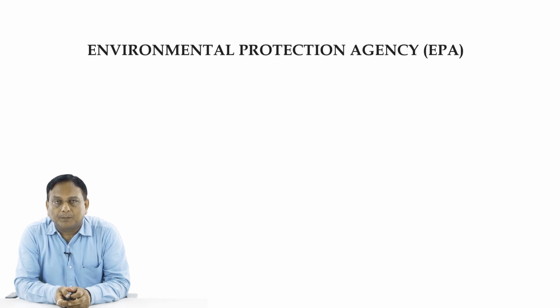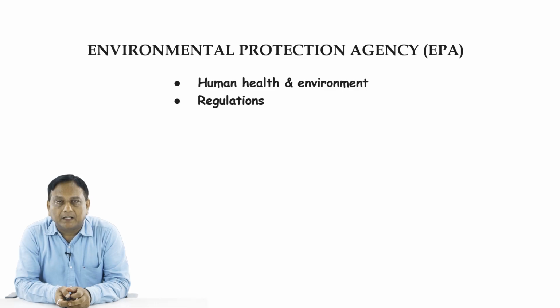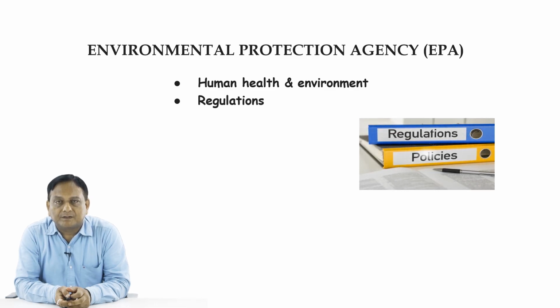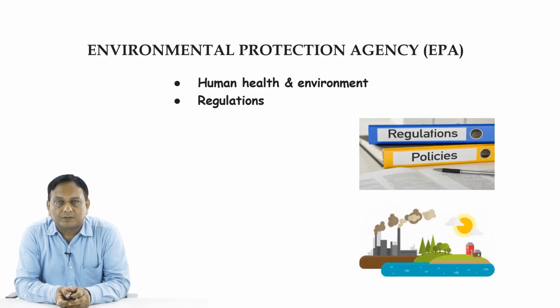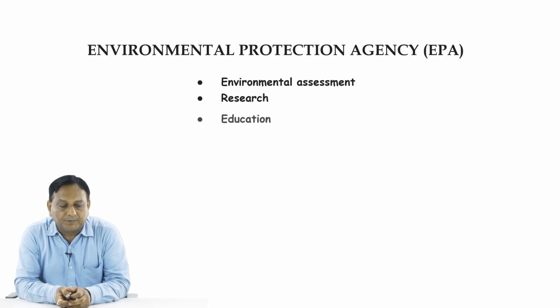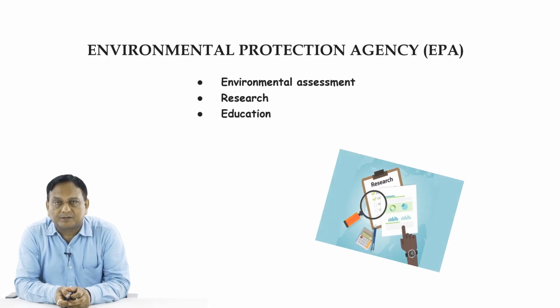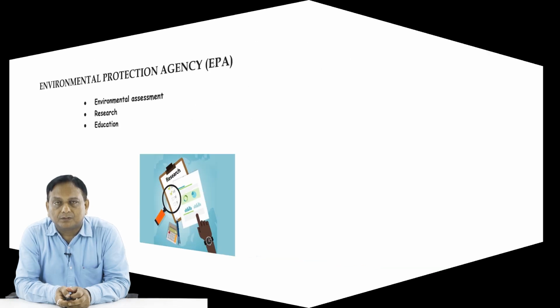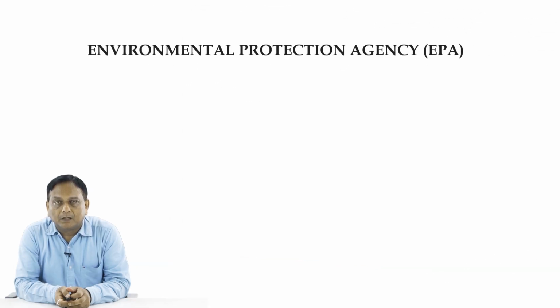Now, when you are talking about the environment, there is a protection agency in the US called the Environmental Protection Agency, EPA. It talks about human health and the environment, and the regulations and policies are all discussed under it. EPA also talks about environmental assessment. They do a lot of research, including education-based research.